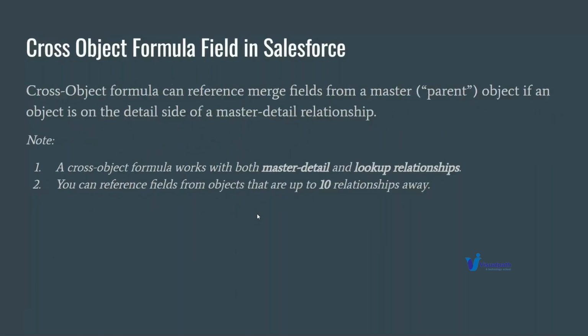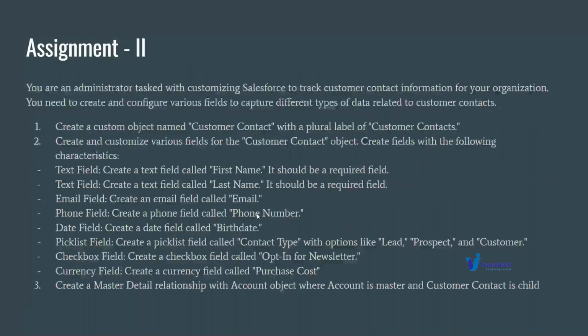Today I will provide you 1 or 2 assignments, and for tomorrow maybe this one I can ask you to do. Here you have to create an object, and create a text field, email, phone, date. So these are all we have covered. This is something for relationship, it is not there, but this all we have covered.